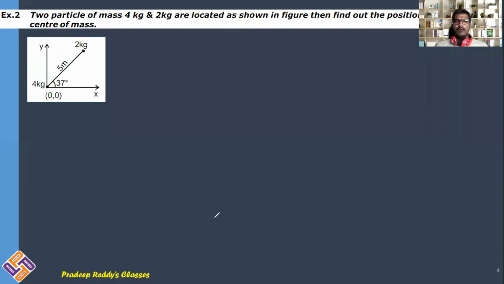Let us take one more example where we have masses of 4 kg and 2 kg. They are located as shown in the figure. Find out the position of the center of mass. In this case, the 2 masses are located along the x-axis and y-axis, right?